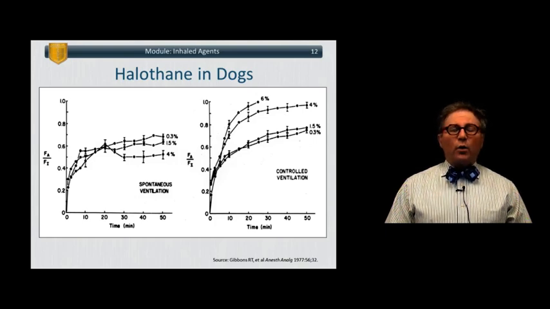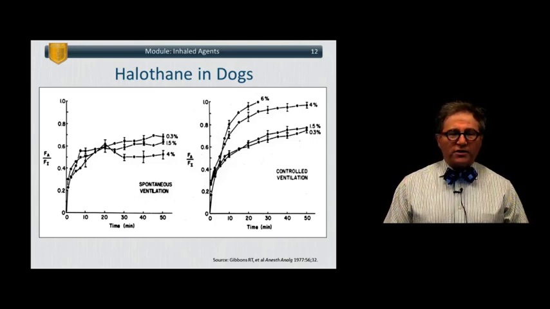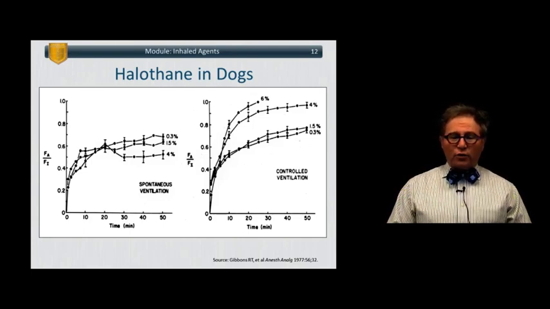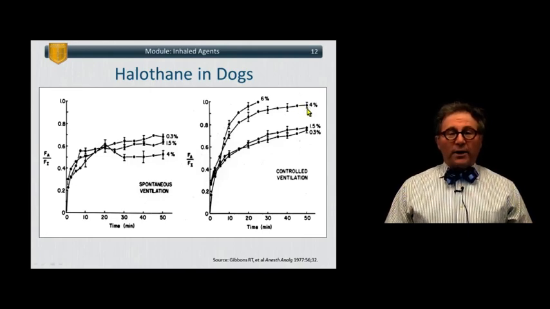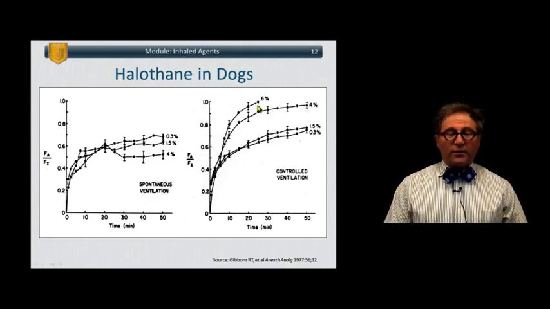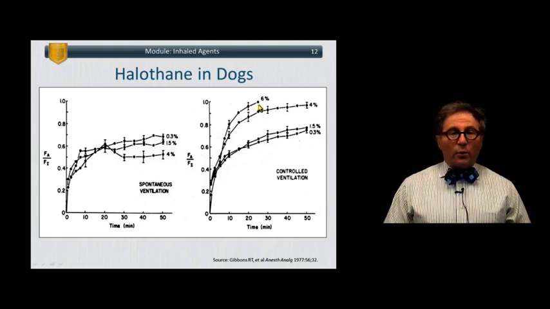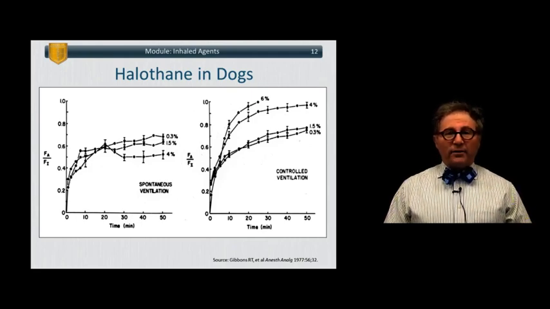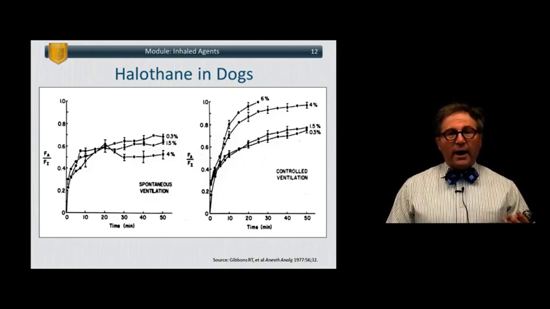However, when higher concentrations of halothane were administered, specifically 4 and 6%, under controlled ventilation, at 4%, about a third of the dogs died, and at 6%, all of the dogs died by 20 minutes. And the reason this occurred is that at these high concentrations, we bypassed the negative feedback effect of respiratory depression, and we now have only cardiovascular depression.